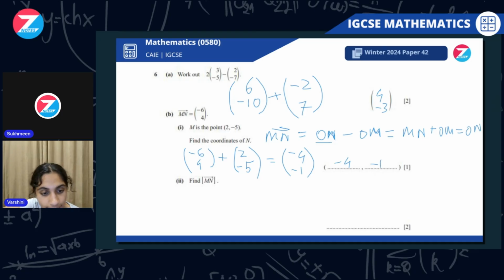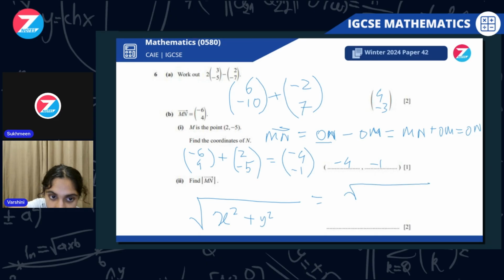Okay, find the size of mn, and we know when they put these bars on the side, that means they want us to find the size of mn. And we also know to find the size of any vector, it's just going to be the square root of x squared plus y squared. So that's going to be root of, and we know mn is minus 6 and 4, these are the coordinates, so it's going to be minus 6 whole squared plus 4 whole squared.